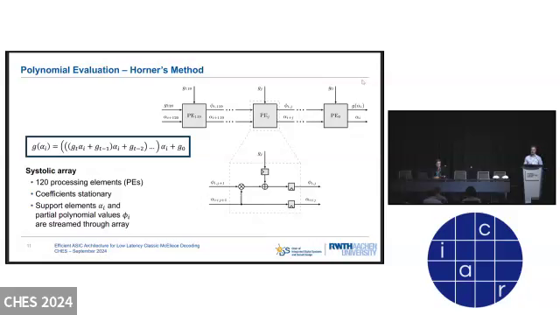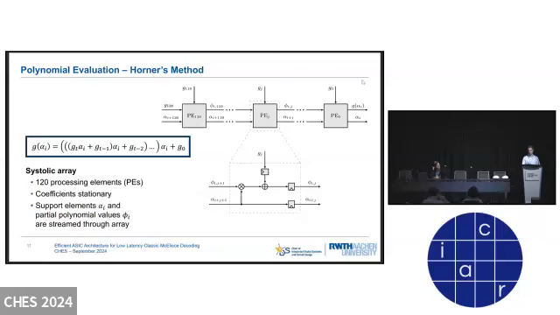The systolic array we designed for this consists of 120 processing elements where each processing element updates the polynomial value by multiplying partial values with support vector elements and then streaming these support vector elements through the array.